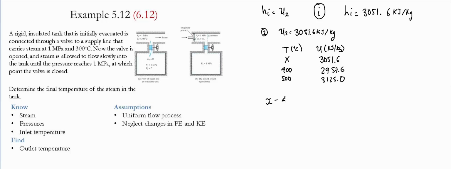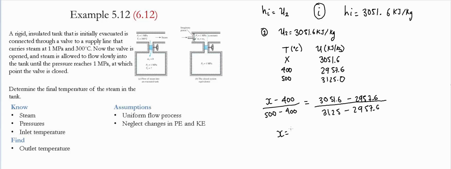So we have x minus 400 over 500 minus 400 equal to 3051.6 minus 2957.6 divided by 3125 minus 2957.6, and we solve for x. We find that the value of x, which is basically the final temperature, is 456.15 Celsius, which is higher than the initial temperature of the steam going into the tank.